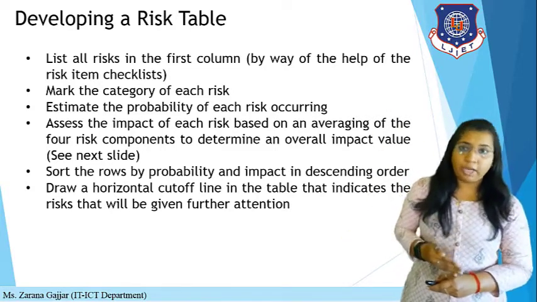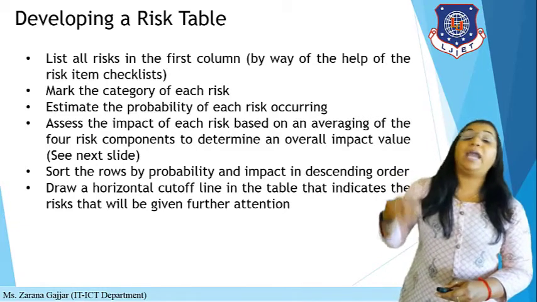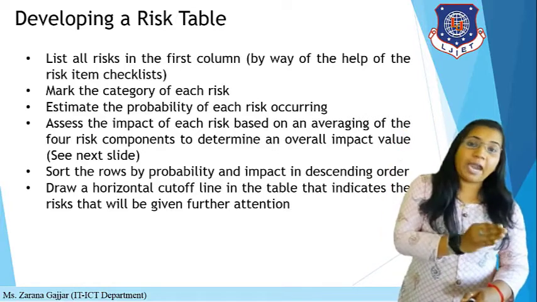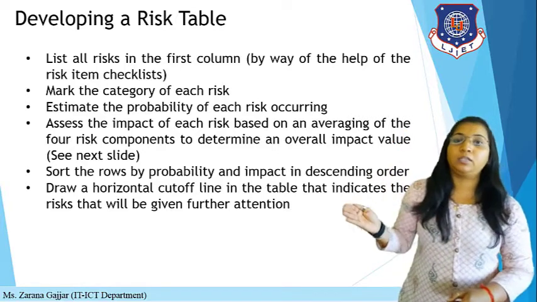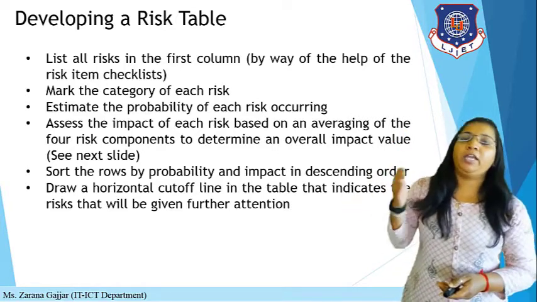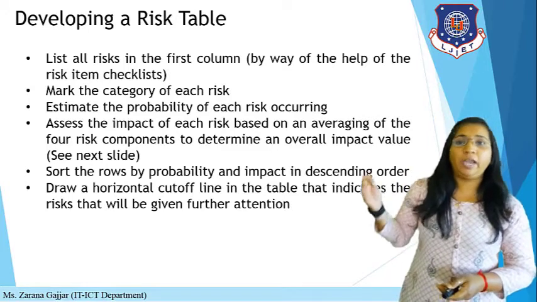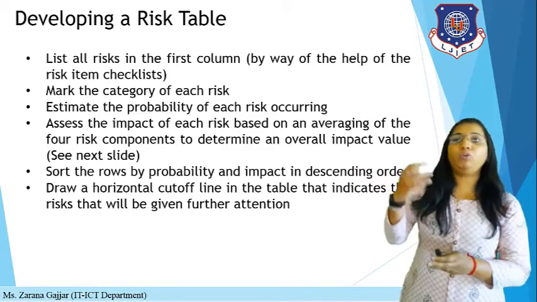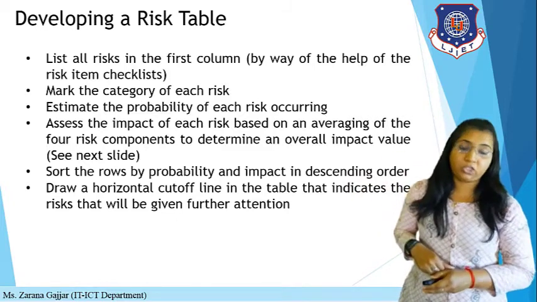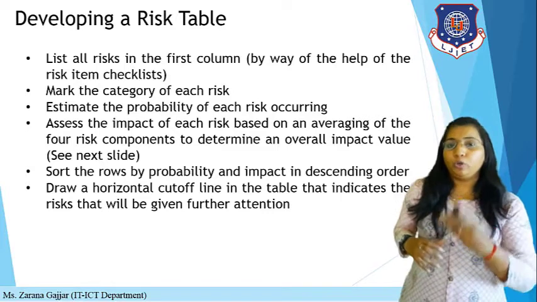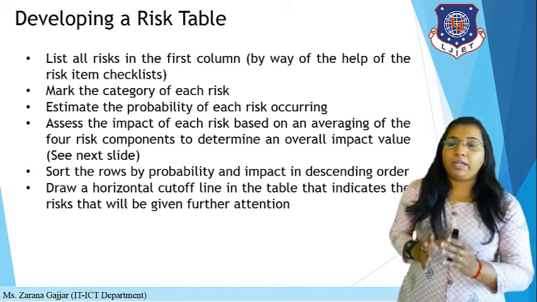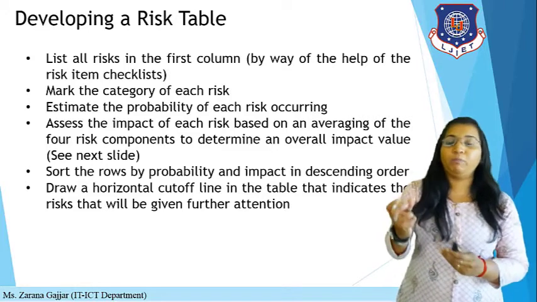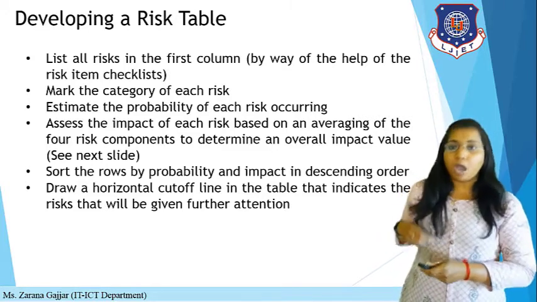Then the second step is to mark the category of each risk. If you found any risk, then define the category, whether it is a product risk, budget risk, product size risk, and so on. Then you have to estimate the probability of each risk occurring, like how likely this risk is to occur.